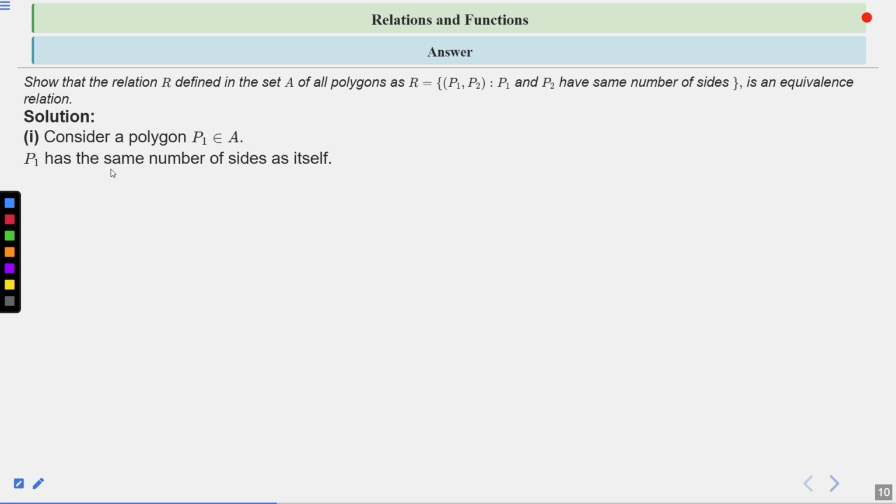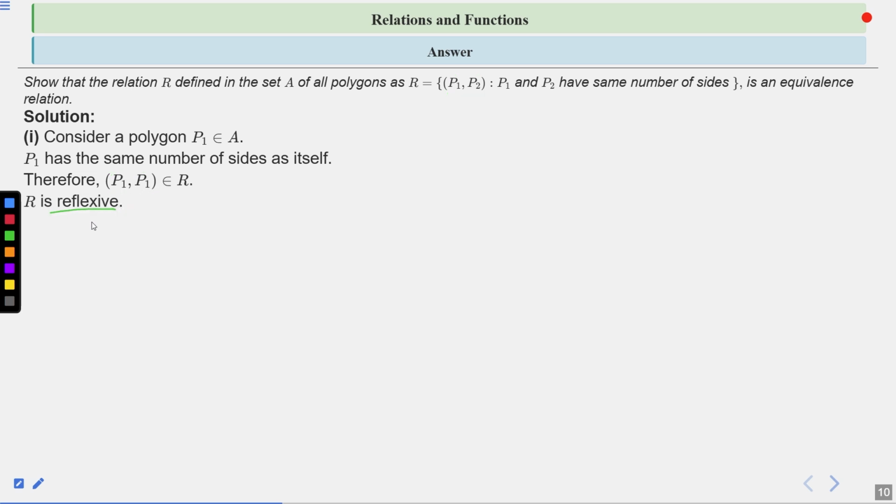Now this P1 has the same number of sides as itself. So we can easily write (P1, P1) belongs to R. Why? Because any pair belongs to R when both polygons have the same number of sides, and these are the same polygons, so same number of sides.